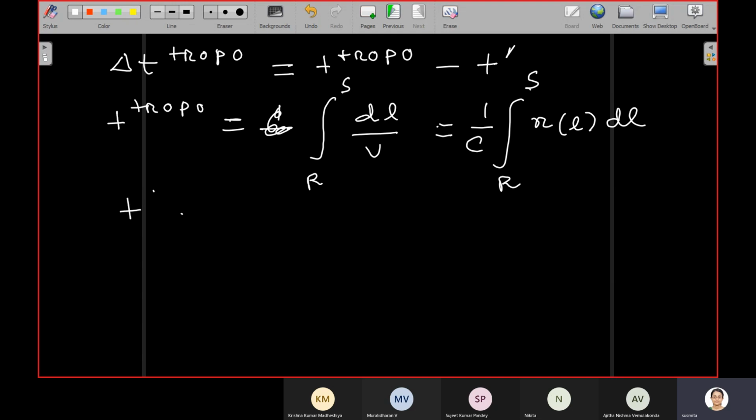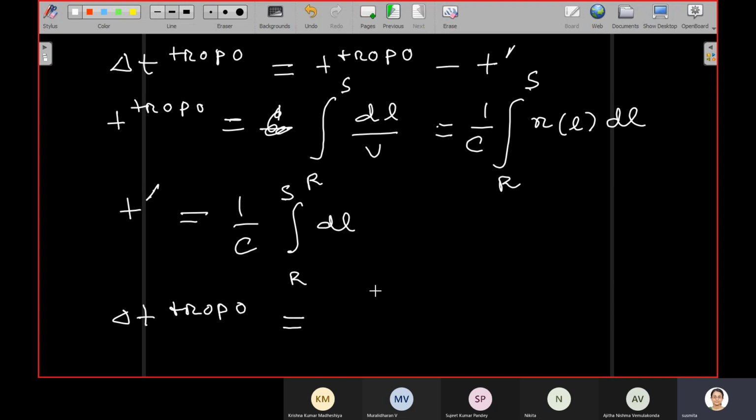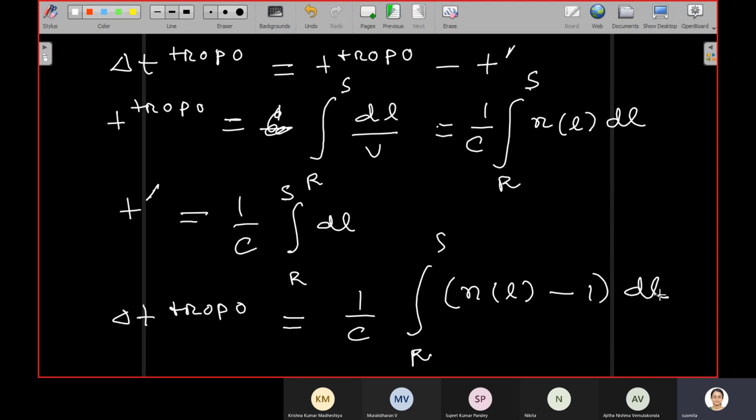So delta T tropo is actually 1 by c, and this one we are going to replace with n.